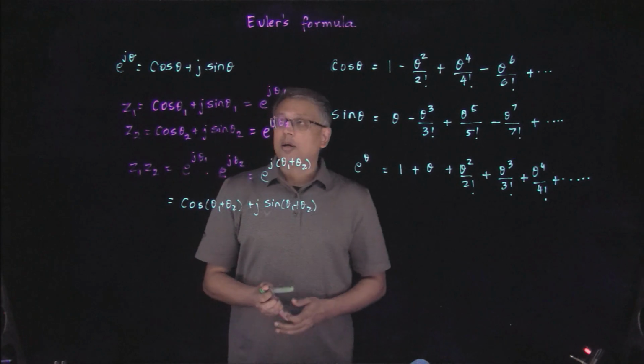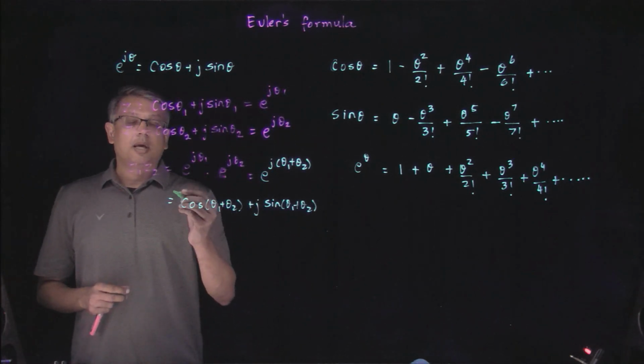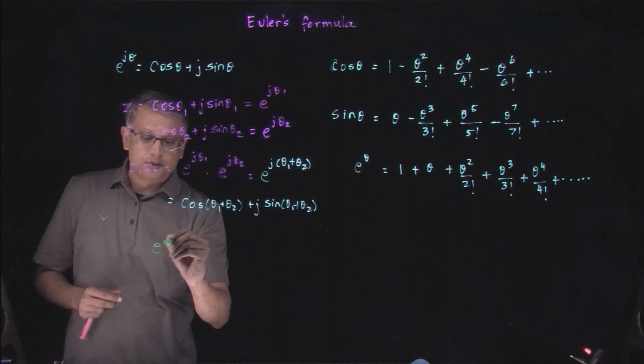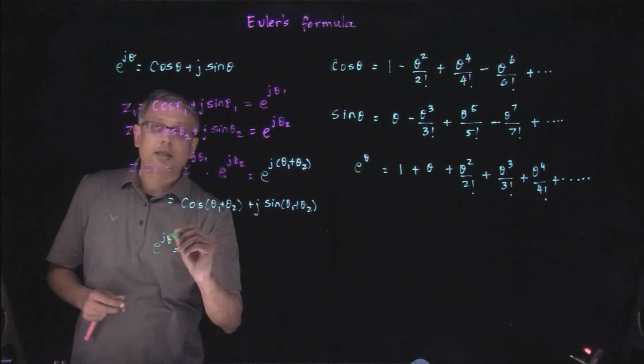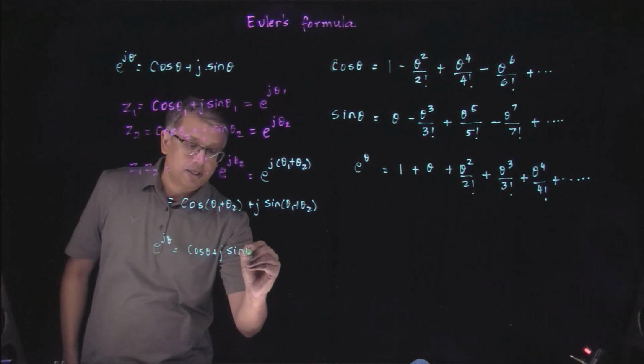All right, so Euler's formula also tells us that, let me write Euler's formula here again. e to the j theta is cosine theta plus j times sine theta.